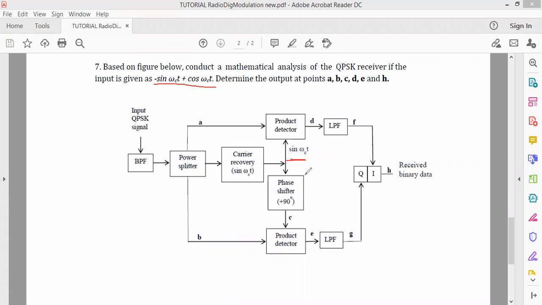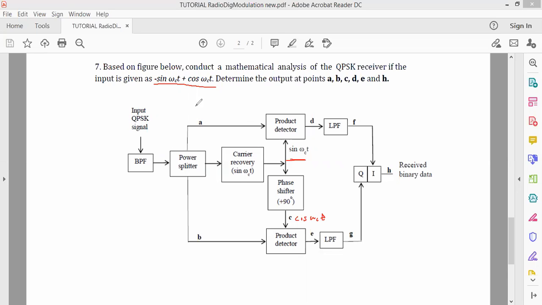Okay, so it's not given, but you know that because of the phase shift, this one should be cos omega ct. Okay, so to answer, the way to answer is very similar to what I've explained in the lecture.